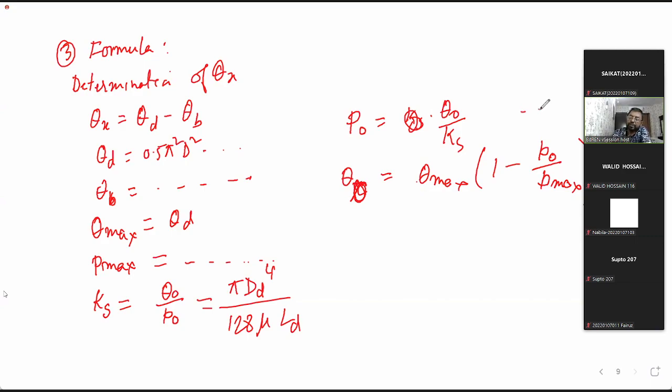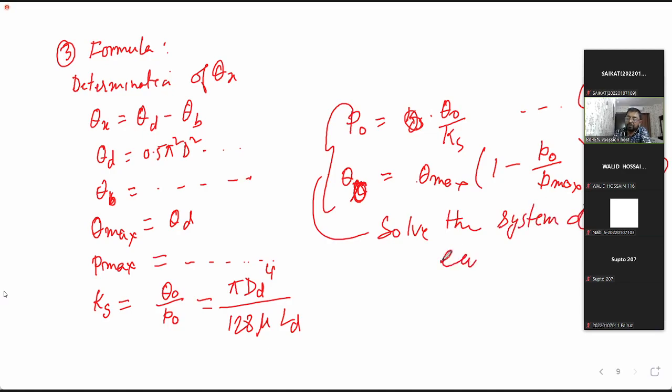Now we have two equations. Q maximum is known to us, P maximum is known to us, Ks is known to us. So we have two unknowns, P0 and Q0, and we can easily solve the system of equations. Clear?